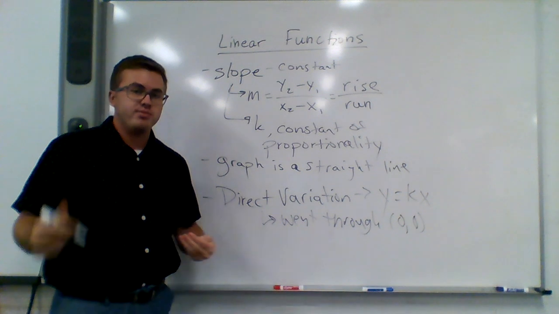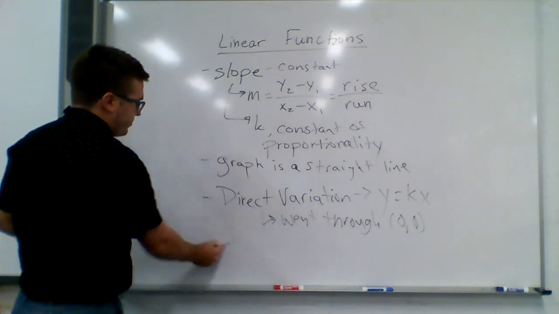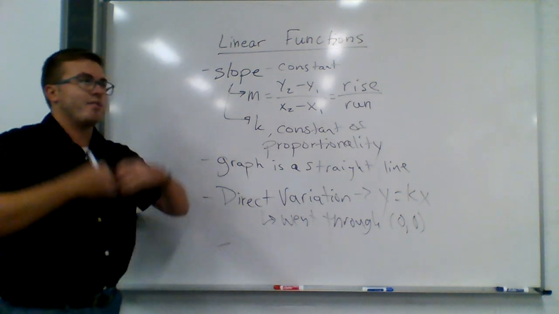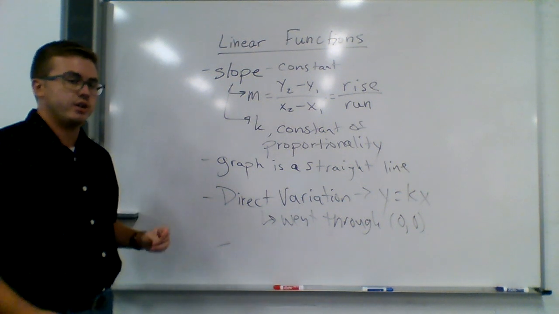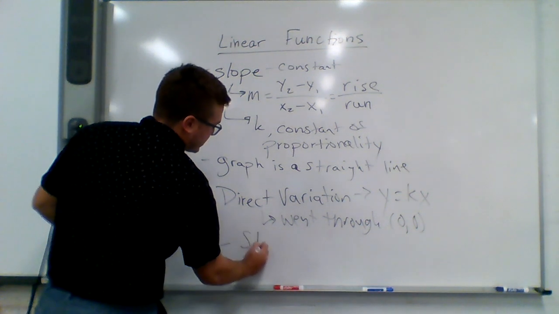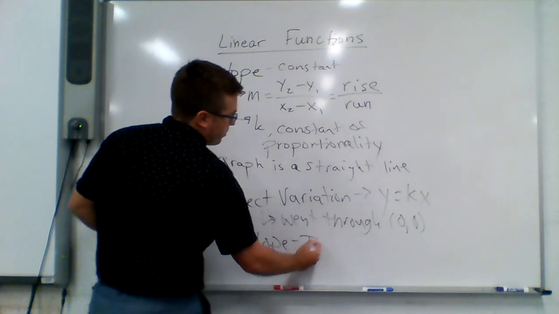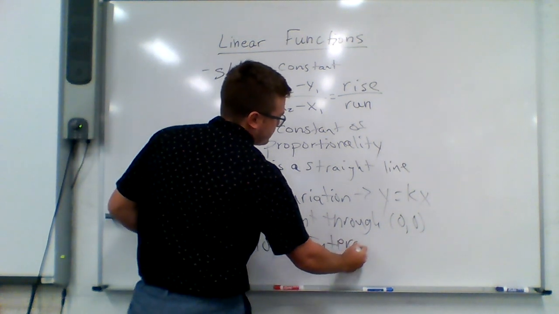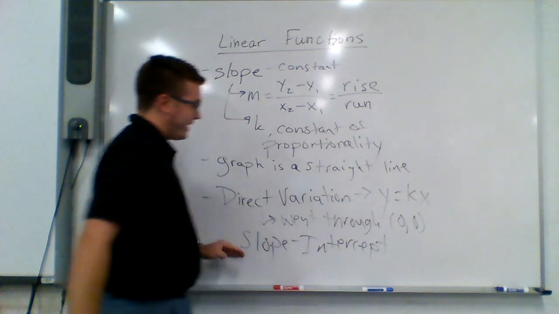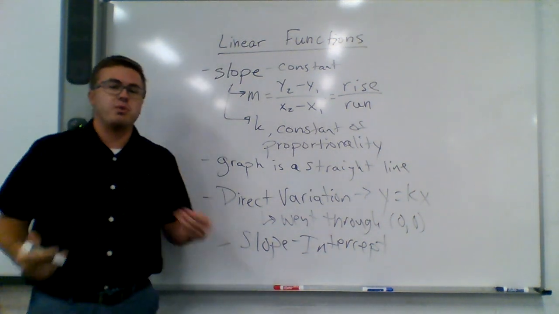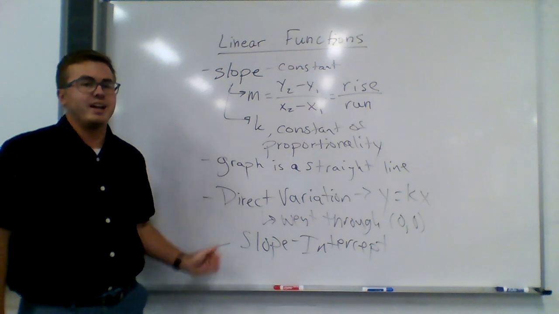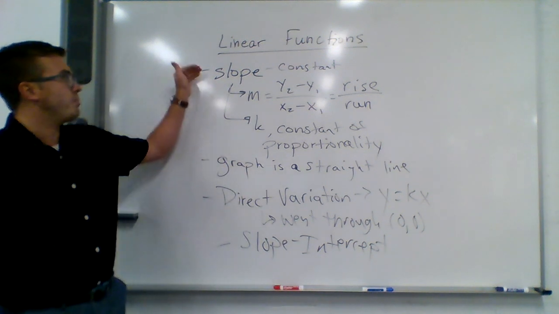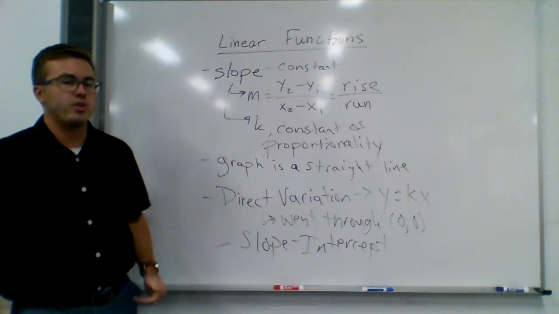And then we briefly started talking about our first type of major linear function. This one was just a basic introduction, but then our major first type was slope-intercept form. And we'll get into more of the details on what slope-intercept form looks like as we go along in this video. But these are the basics of linear functions here.